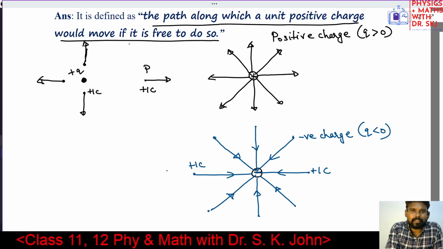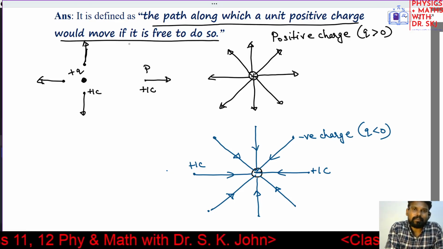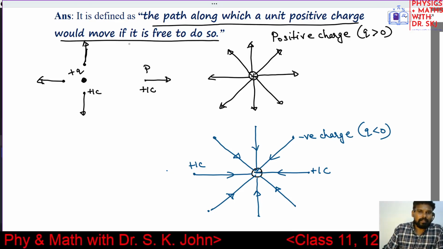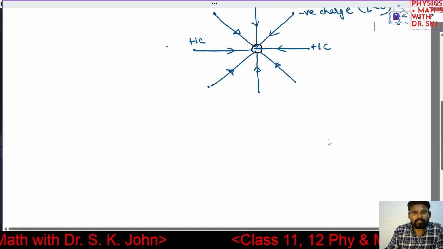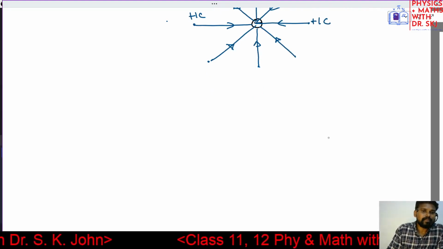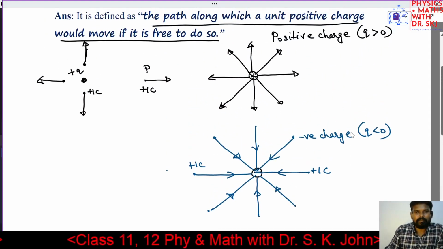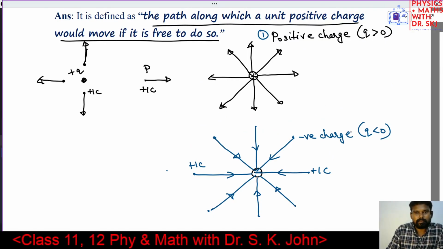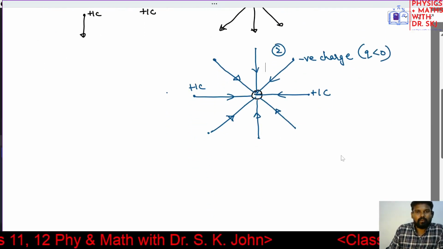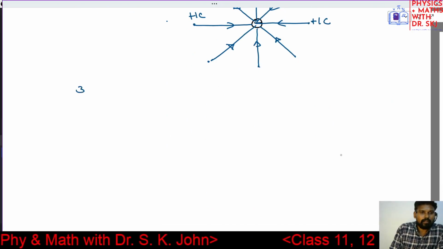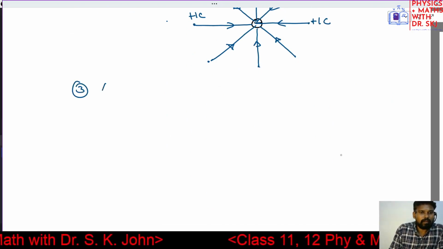Now we have to draw the electric field lines of a dipole. This is the third diagram, after the first and second diagrams. Now we are going to draw the electric field lines of an electric dipole.